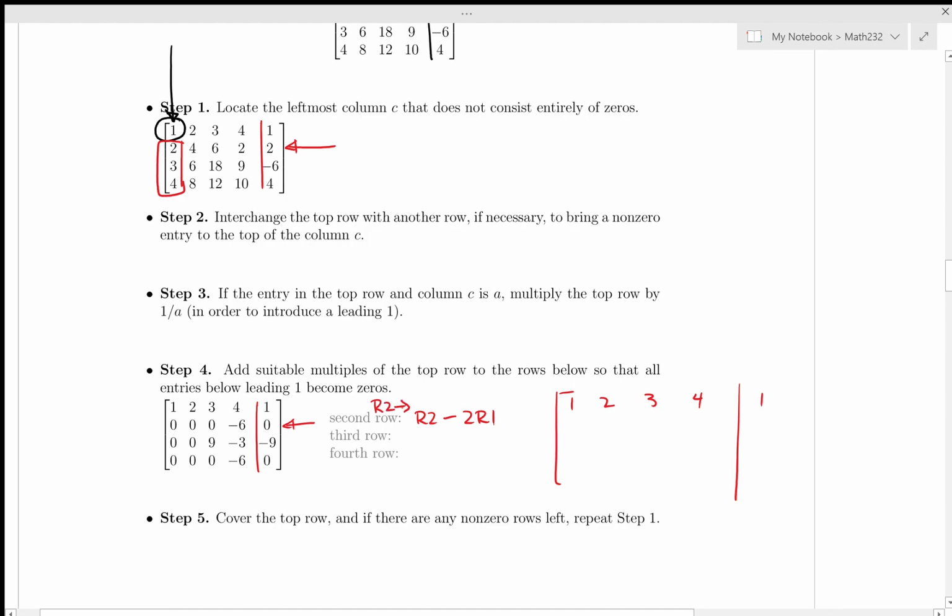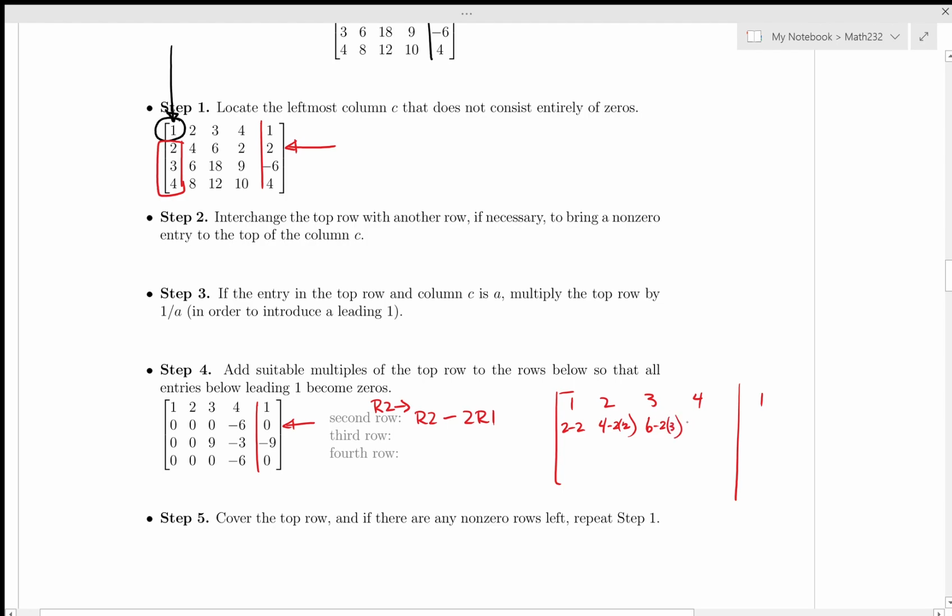Row 2 becomes row 2 minus 2 row 1. So this number here is actually 2 minus 2. Okay, and this number here is 4 minus 2 times 2. This third number is 6 minus 2 times 3.